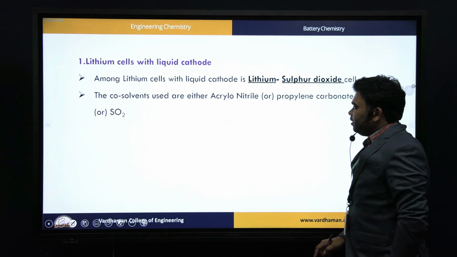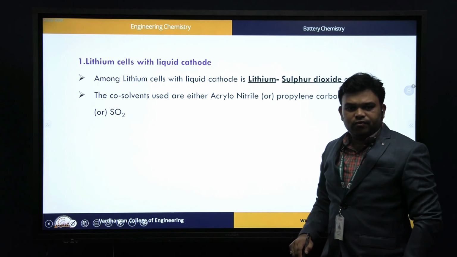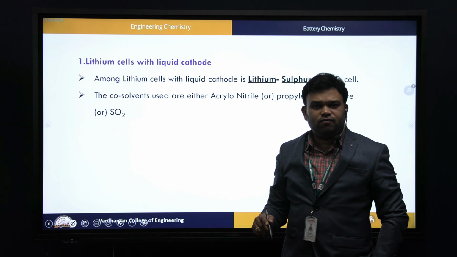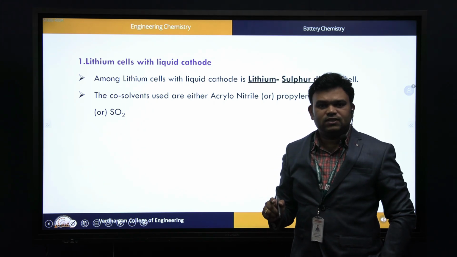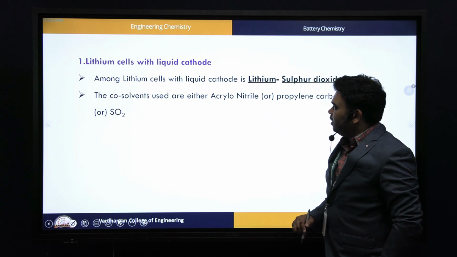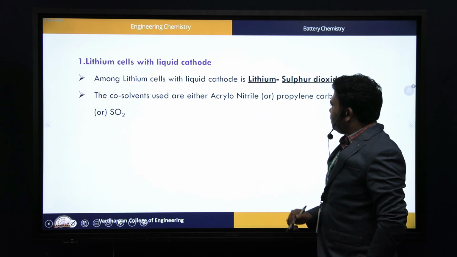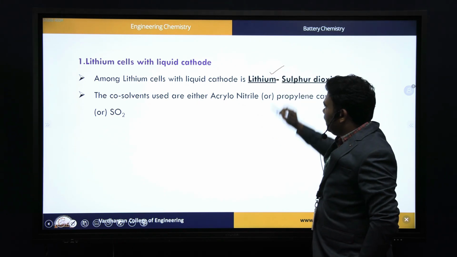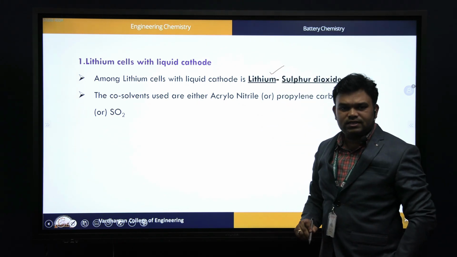As we know, any cell, whether it is a primary cell or a secondary cell, must consist of an anode, a cathode, and an electrolytic solution. In lithium cells with liquid cathode, initially they developed the lithium sulfur dioxide cell.